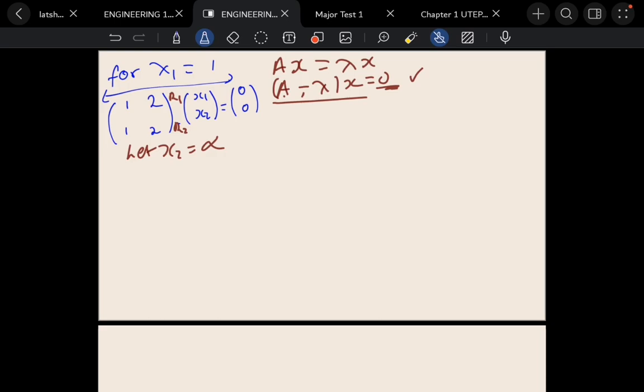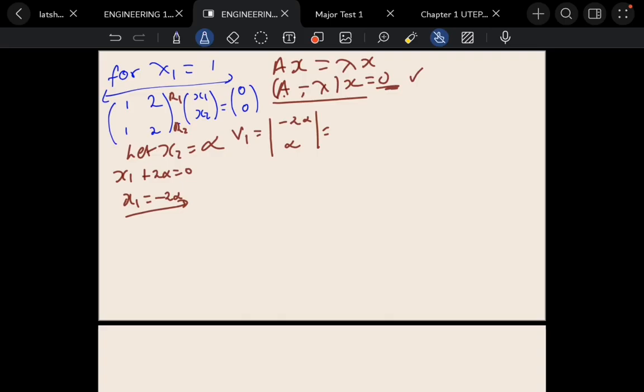We are going to let it be alpha, and then we use an equation there to get x1. So x1 plus 2 alpha is equal to 0. So x1 is actually negative 2 alpha. So v1 is going to be negative 2 alpha, alpha. And the rule in our university states that you need to take out the highest common factor of negative alpha.